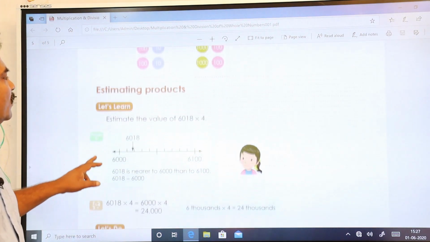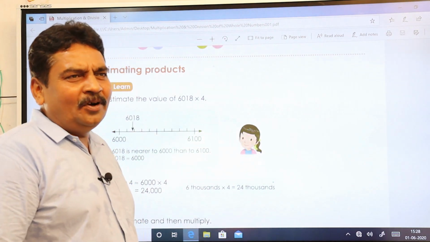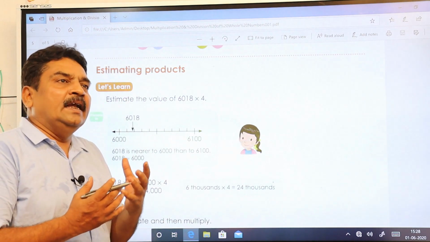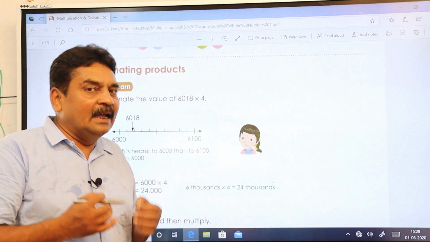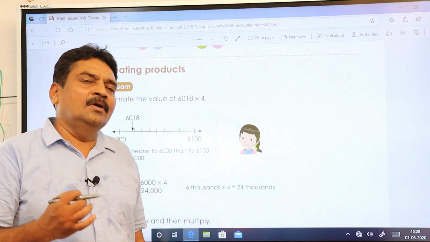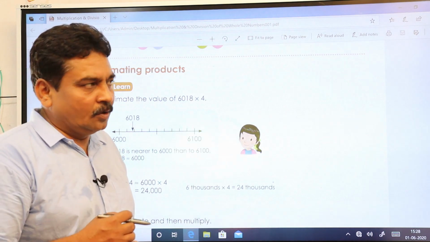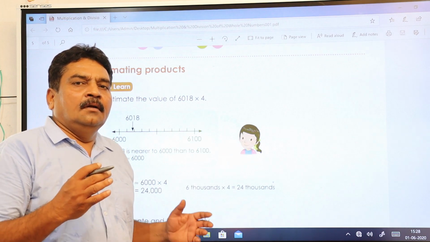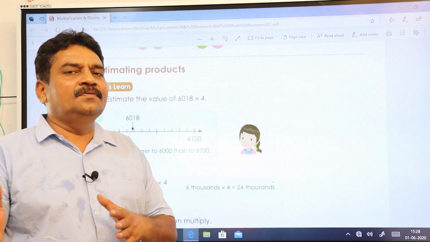This is now estimating products. This is very important. Estimating means approximating. You estimate something when you don't know the correct value. Suppose your mom has given you 50 rupees to go and get 1 kg of sugar from a grocery store, because she knows the cost of 1 kg of sugar is between 45 and 50.